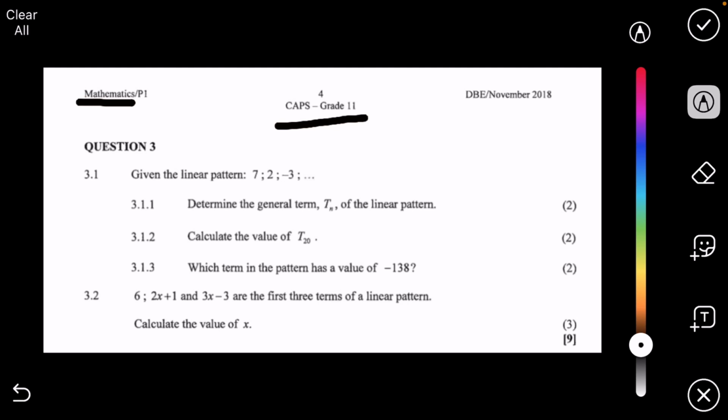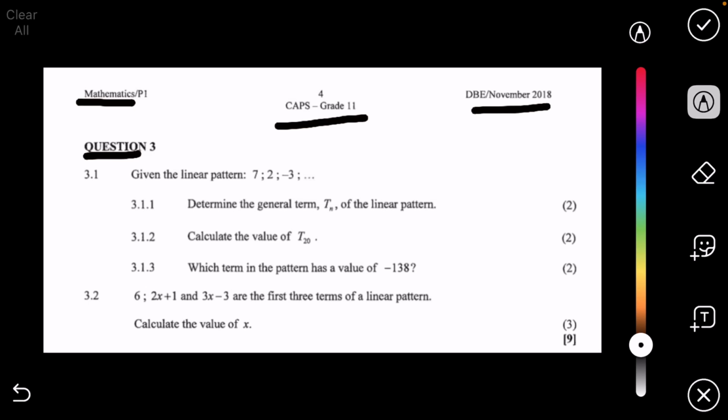This lesson will be suitable for grade 11 learners together with grade 12 learners, as a warm-up for grade 12. Most importantly, this was a November exam paper of the year 2018, so we'll be looking at question 3 of that paper.